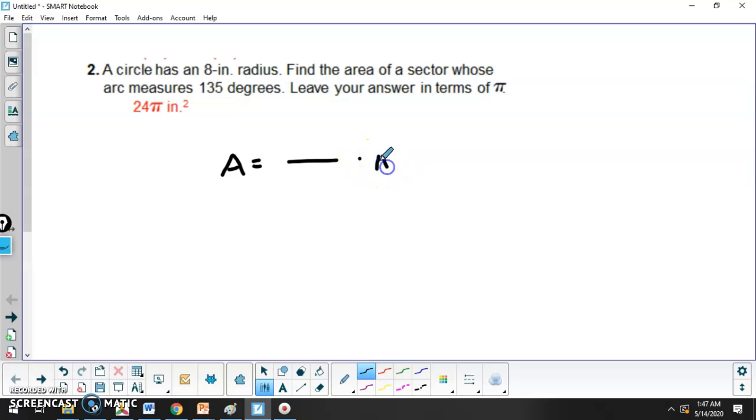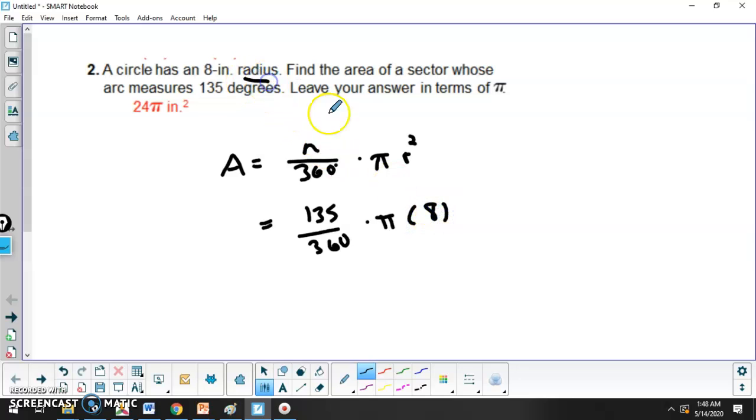The circle's area is pi times the radius squared, and then how many degrees is the sector, over 360 degrees in a circle, so it's a fraction of the area. We have 135 degrees in this particular sector, and we put that over 360. We're multiplying it by pi, and by the radius squared, which is 8 here.